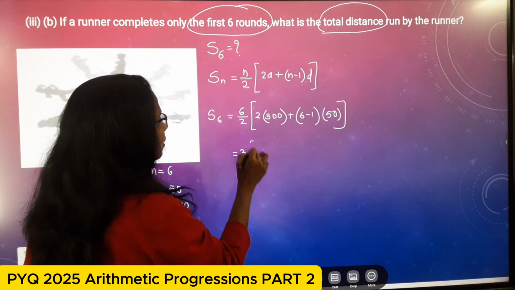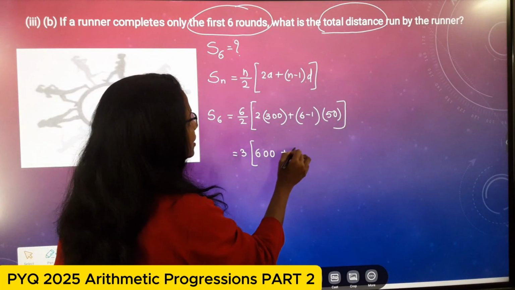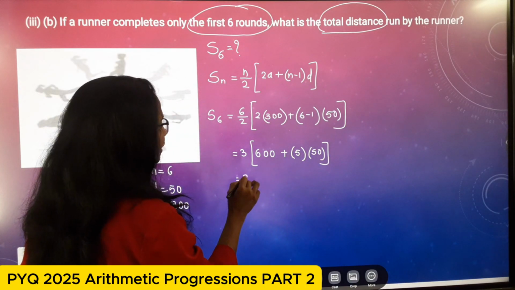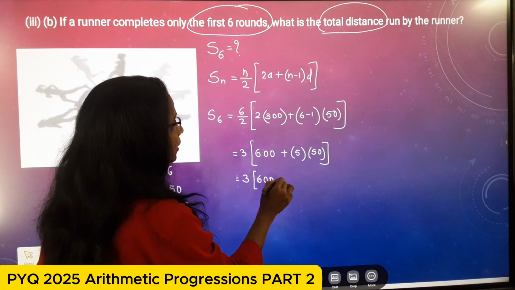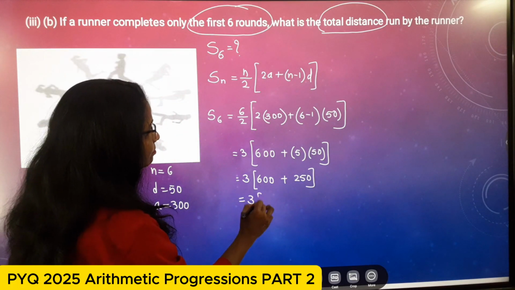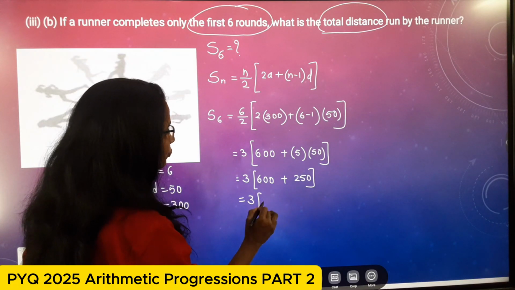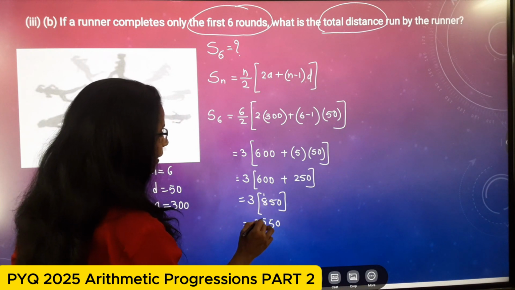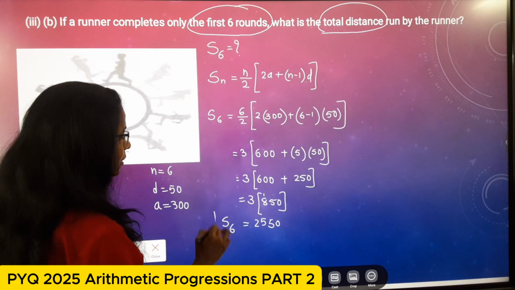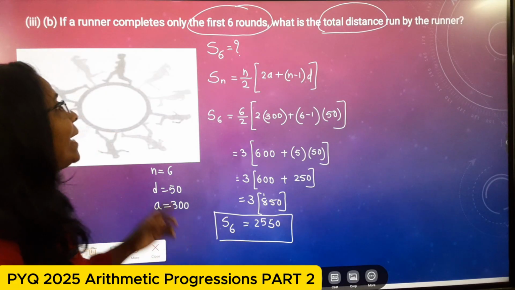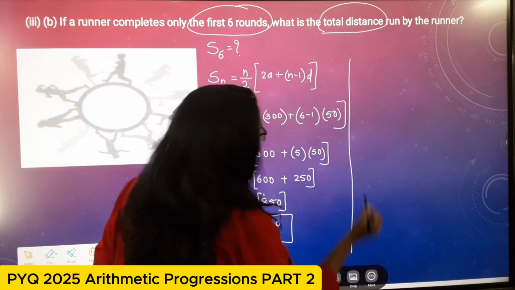Then 3 multiply 600 plus 5 multiply 50, that is 3 multiply 600 plus 250, that means 3 multiply 850, which is 2550. So S6 is equal to 2550.